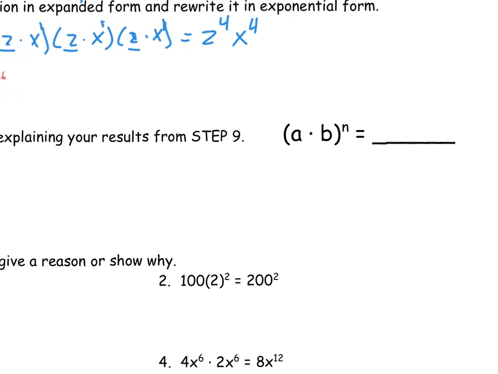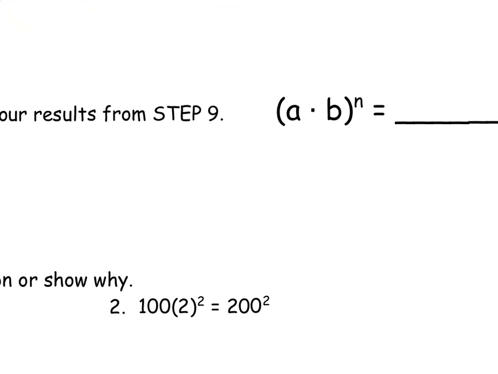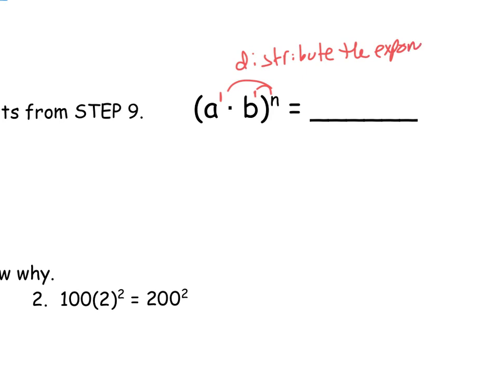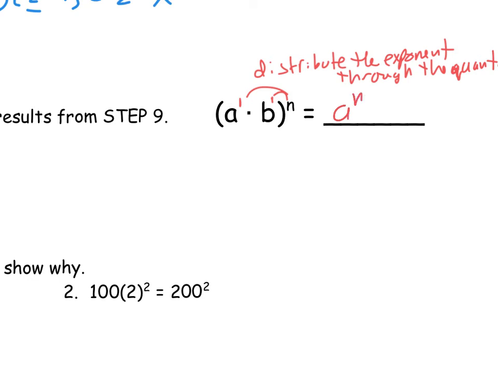So how do we do this now? Well, this is a to the 1st, b to the 1st. You distribute the exponent through the quantity. Quantity just means parentheses. Okay, so this would become a to the n, b to the n.